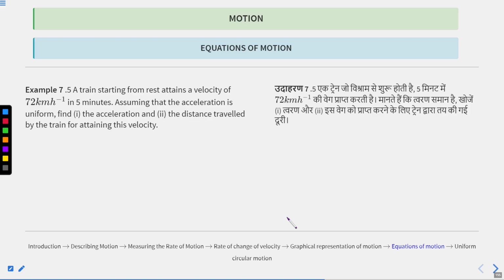Let's solve some examples. Example 7.5: a train starting from rest. Starting from rest means initial velocity u is 0. Okay, and attains a velocity of 72 kilometer per hour in 5 minutes.